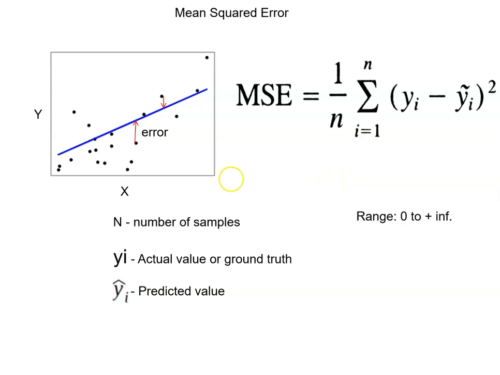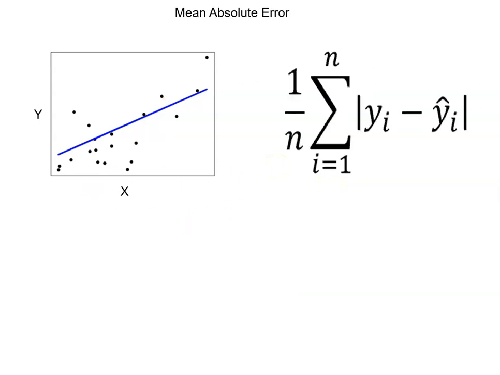Moving on to our next metric, that is mean absolute error. Mean absolute error is more or less the same as the mean squared error that we just saw. The major difference is that the distance, the difference between the yi and the yi hat, the predicted and the actual y point, is not squared; the absolute value is taken.